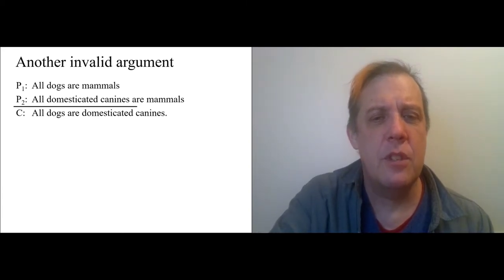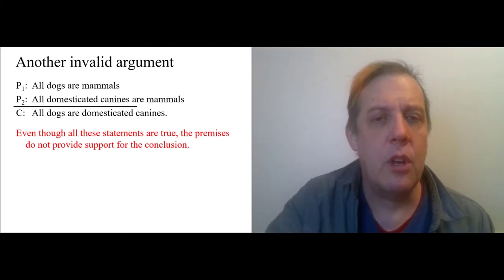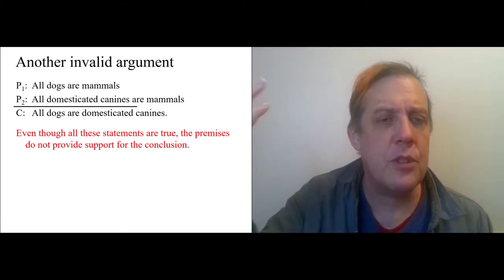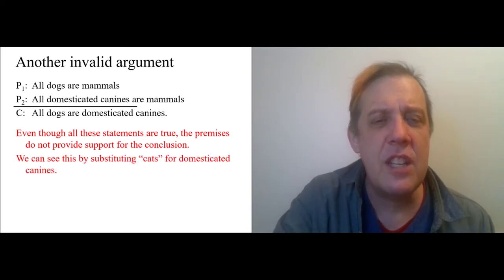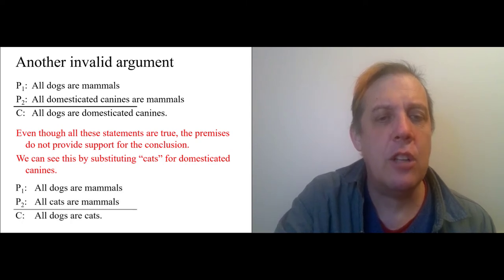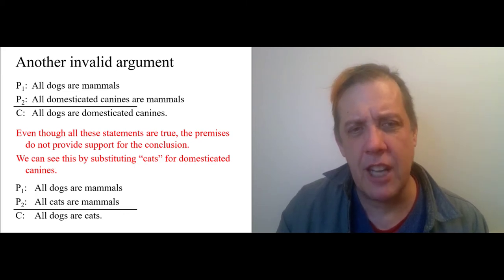So, even though all the premises are true, they actually don't provide support for the conclusion. And we can see this by substituting cats for domesticated canines. All dogs are mammals. All cats are mammals. Therefore, all dogs are cats.